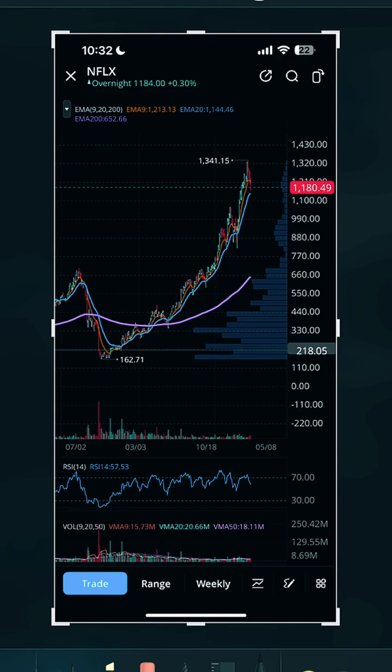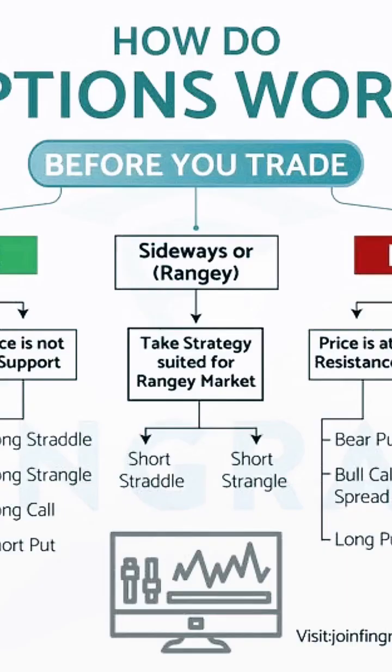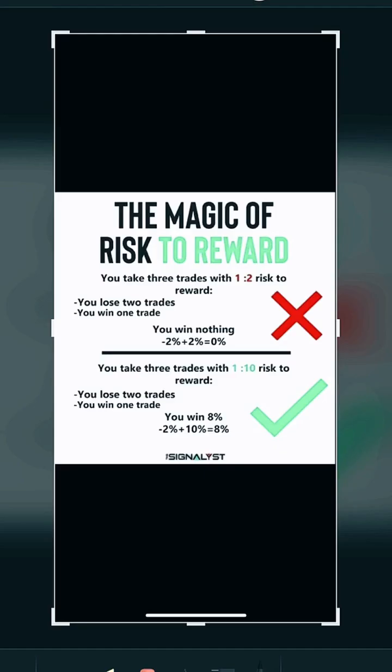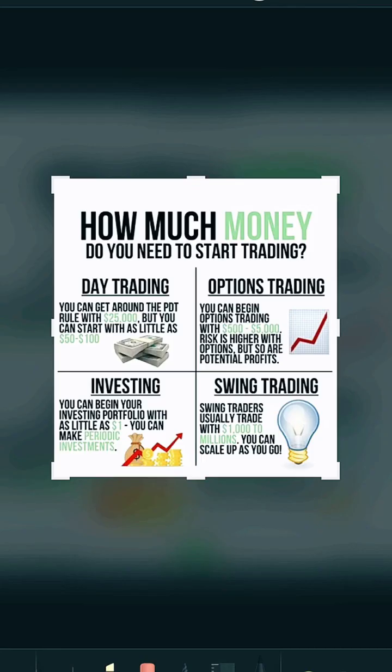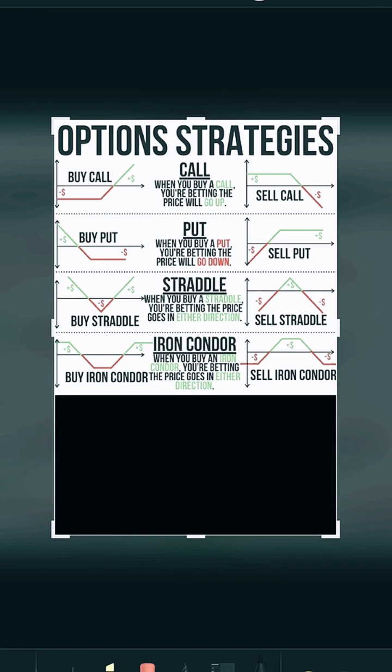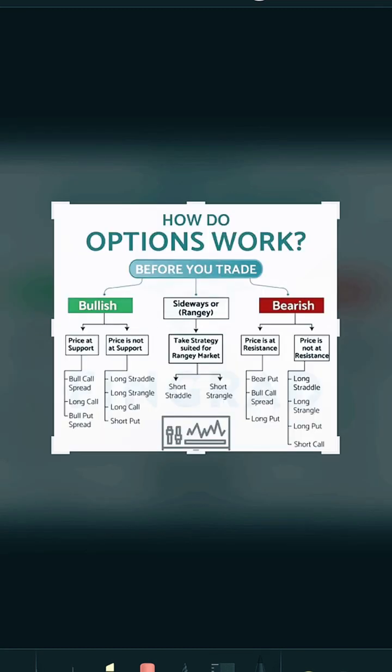And what happens is I'm able to benefit from the price movement of Netflix as if I own 100 shares. You guys, one contract is worth 100 shares. Hold on one second, I'm all over the place. I got it. So one contract is worth 100 shares.